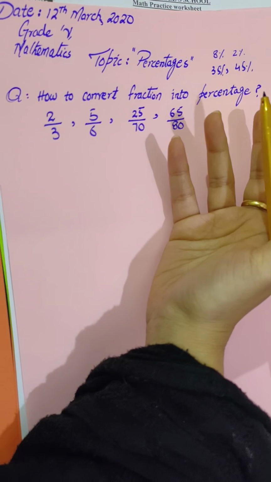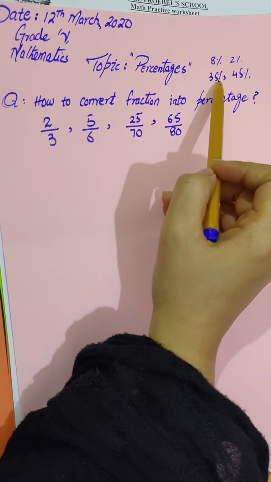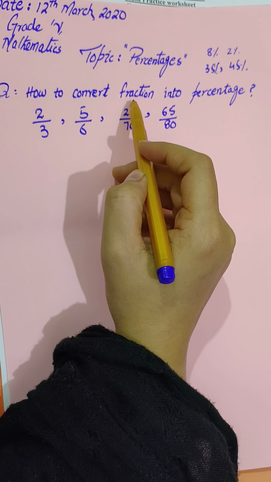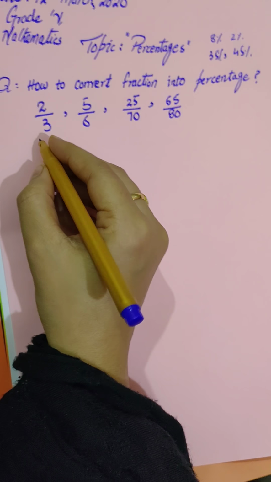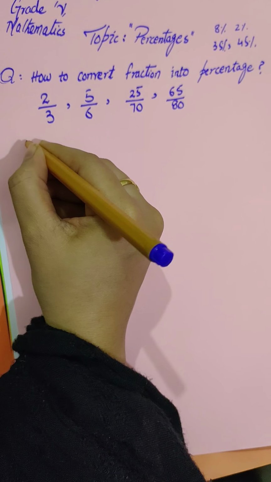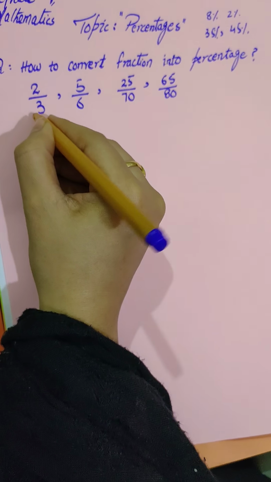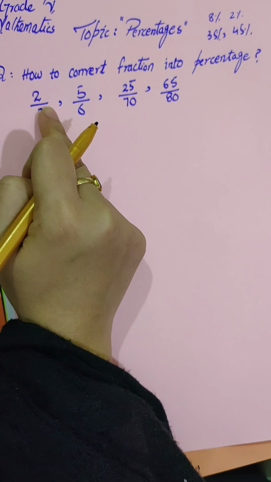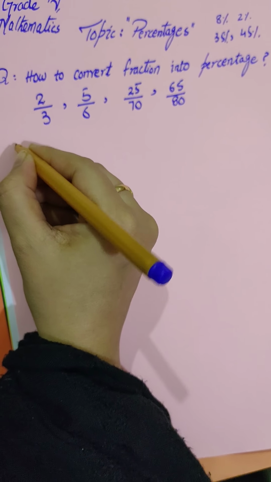Then how can we convert them into a simpler form like we have done for these two? In order to convert these fractions into percentages, we have a formula: you just multiply your given fraction by 100. Just remember this.